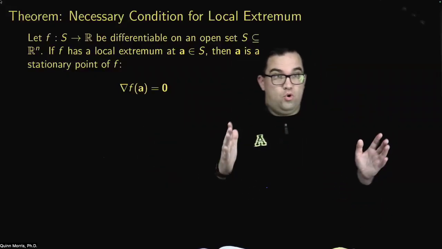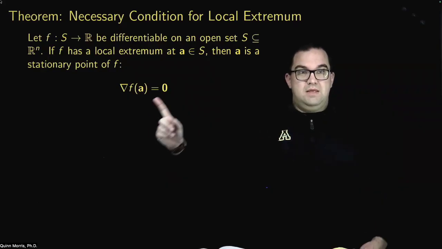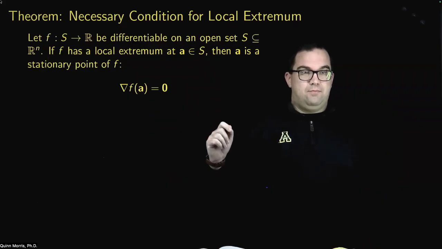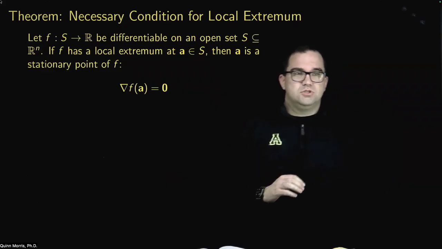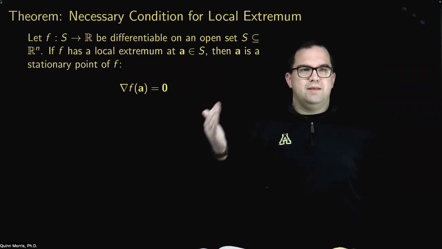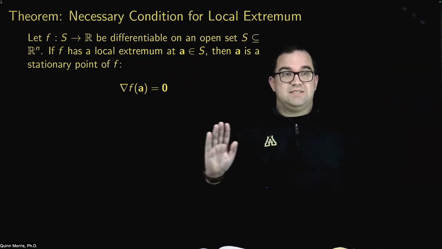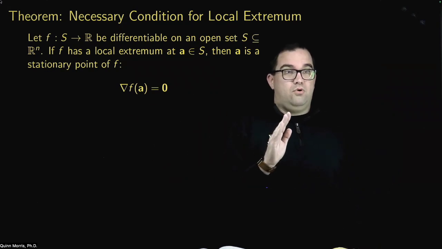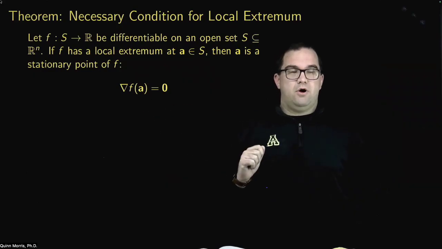So if I know I'm at a local maximum or a local minimum, then my gradient must be zero at that point, assuming my function is differentiable there. One of the homework problems asks you to show this for either a maximum or a minimum. But this is a necessary condition. If I'm going to be at a local extreme value, then this gradient has to be zero.